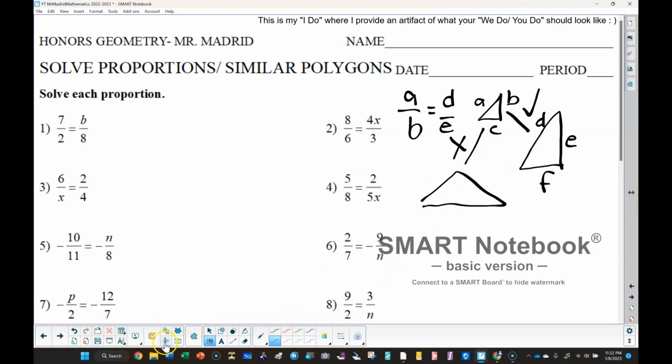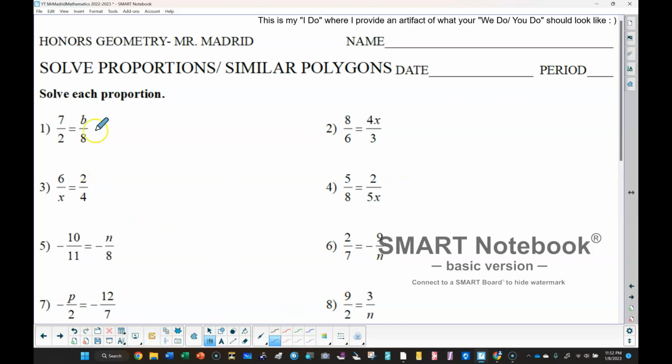So the first thing we're going to do before we get to some geometry, you guys will get to solve some proportions. A couple of practices. So let's do number 3. Now you guys will set them all up the exact same way. Some of these might require a calculator, so feel free to set it up and then use a calculator. In this case, you should have learned to cross multiply. So 6 times 4 is 24, and 2 times x is 2x.